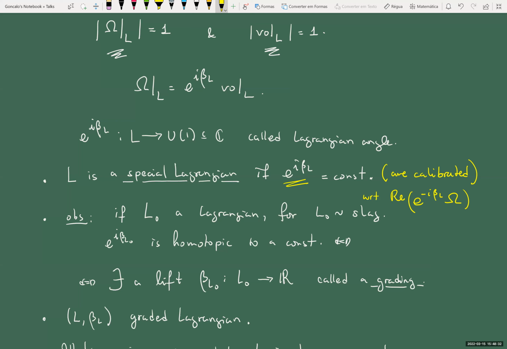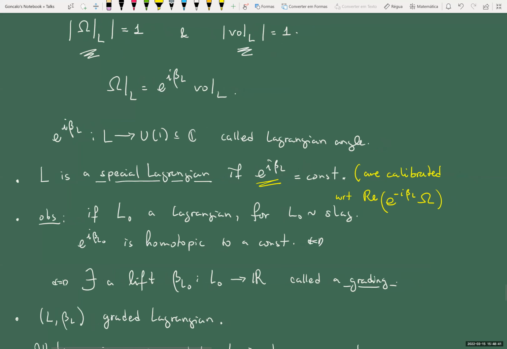If you insist on making this geometric measure theory, are special Lagrangians volume minimizing in this Hamiltonian isotopic class or something like that? Being calibrated implies that they minimize volume in their homology class. It's even better than in the Hamiltonian isotopic class. So this flow should be minimizing the volume in some sense, right?